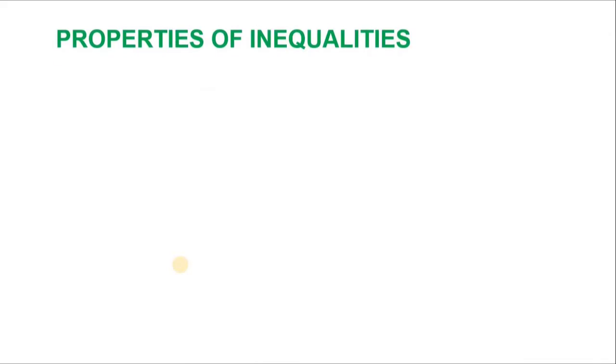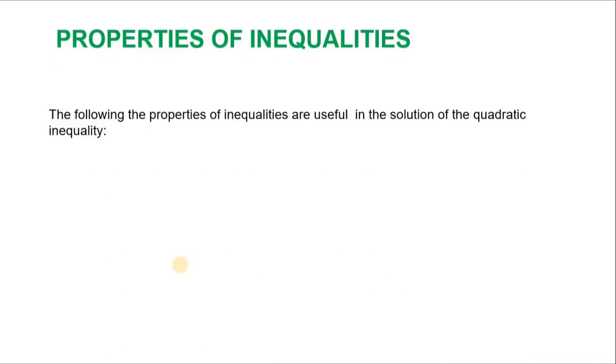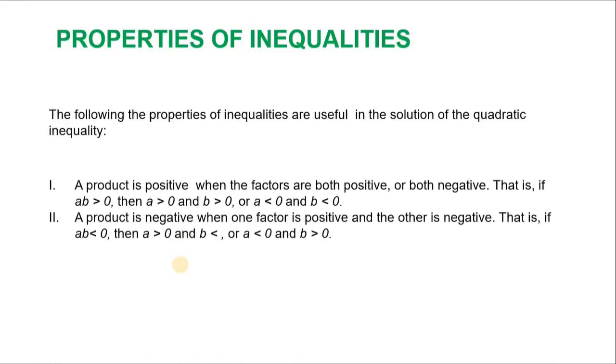So, there are properties of inequalities. The following properties of inequalities are useful in the solution of the quadratic inequality. So, a product is positive when the factors are both positive or both negative. Parang integers lang, no?